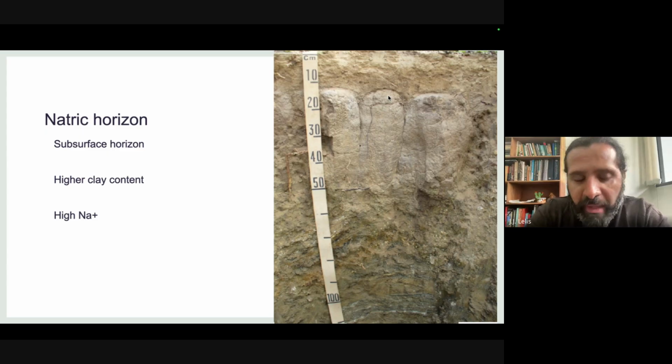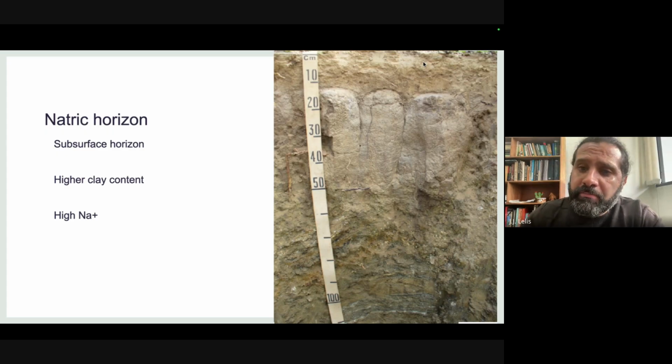And this natric horizon is also quite interesting, because you can see it registers some darkish colors. It's quite common that the natric horizon presents darker colors than the surface horizon. Why? Well, after this chemical dispersion, these aggregates are destroyed and the clay could migrate, right?